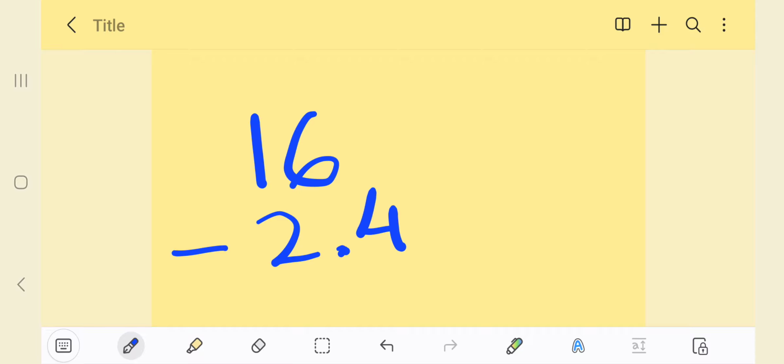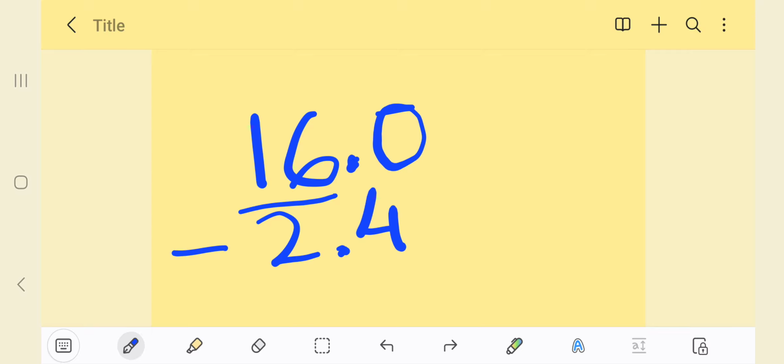Let me show it. 16 minus 2.4. So when we do this, we need to understand that we have 16, which means we have a 0 here, because 16 as a full euro and 0 cents means 16 euro.